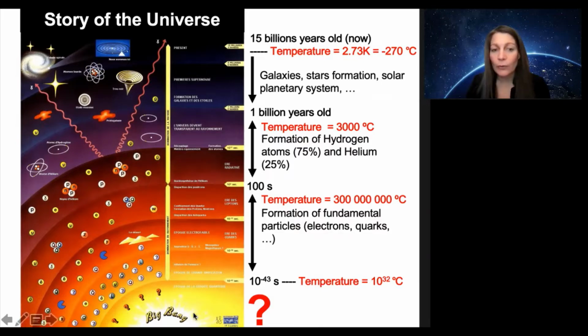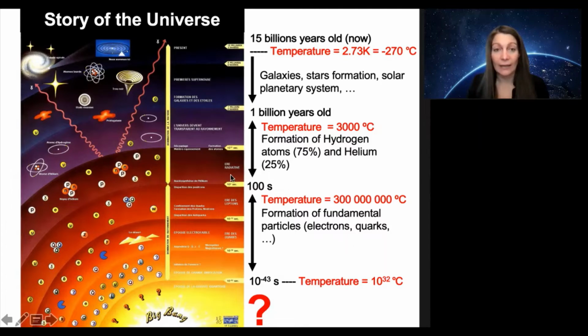And we don't know really well what happened during the Big Bang, but what we know is that we had an extremely high temperature, which is connected to extremely high energy. And as the universe cooled down, we have the formation of fundamental particles, such as electrons, quarks, etc.